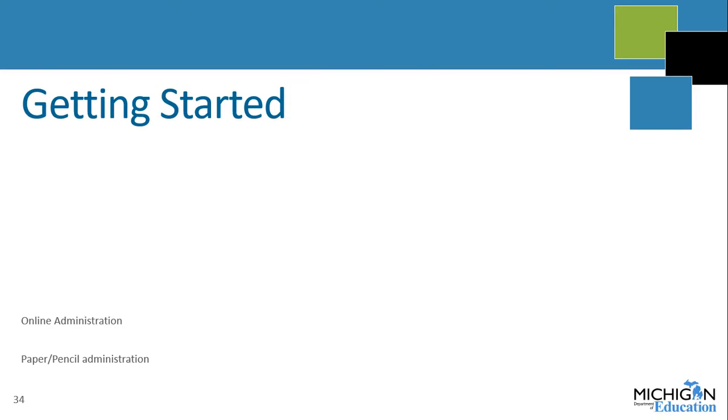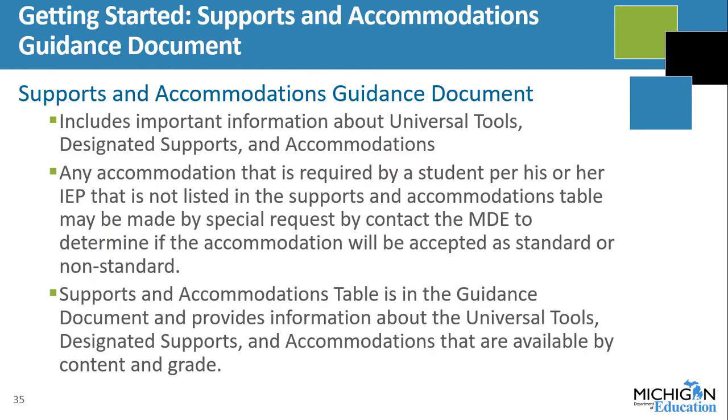We'll begin with getting started for both online administration and paper pencil administration. The Supports and Accommodations Guidance document and Supports and Accommodations table should be reviewed and referenced throughout the test administration. It includes important information about allowable universal tools, designated supports, and accommodations.